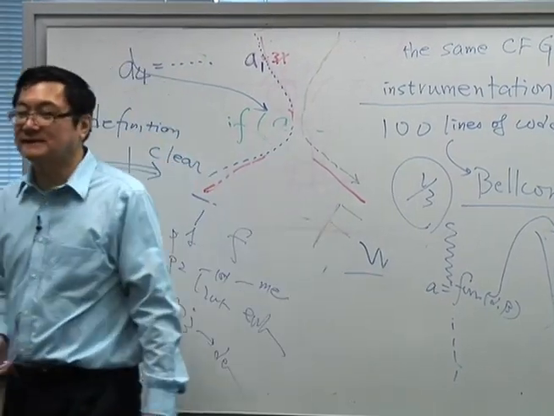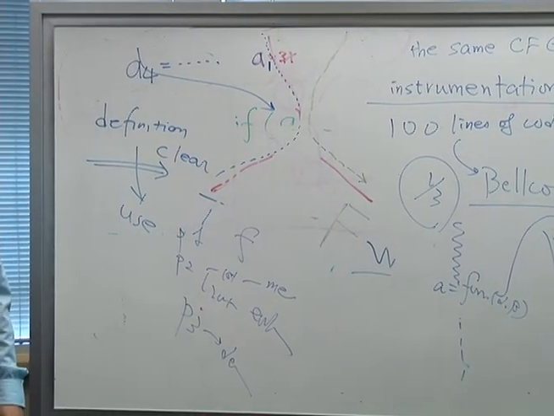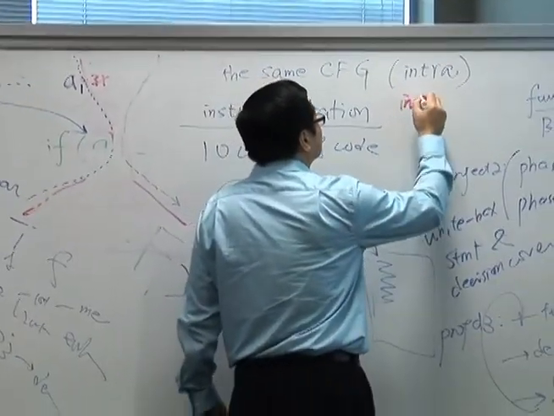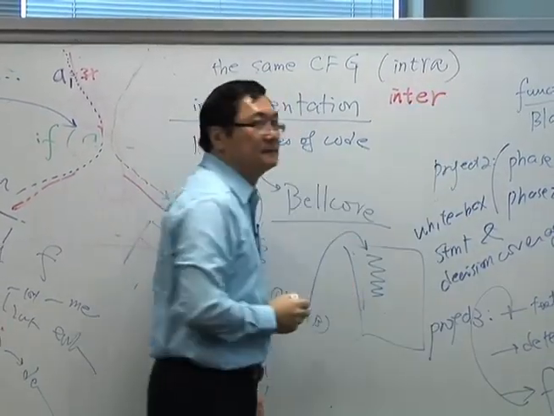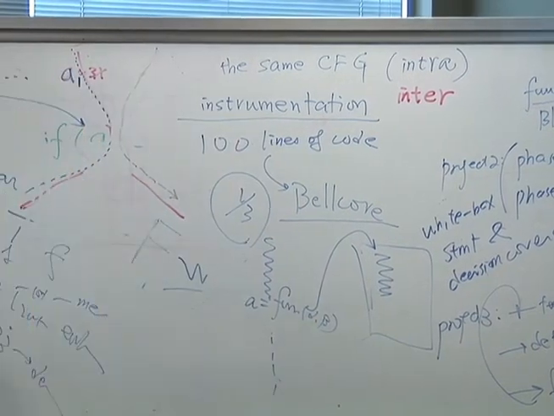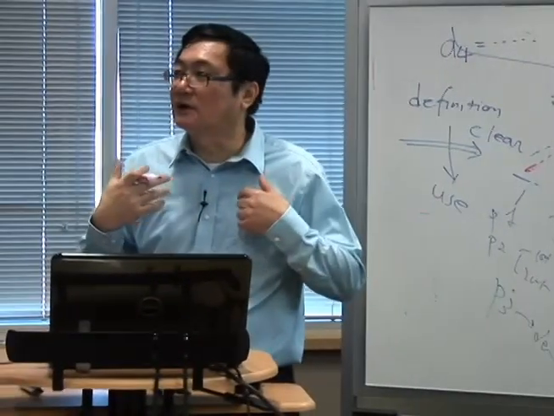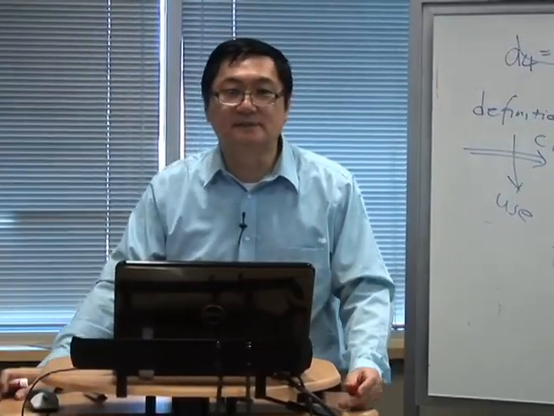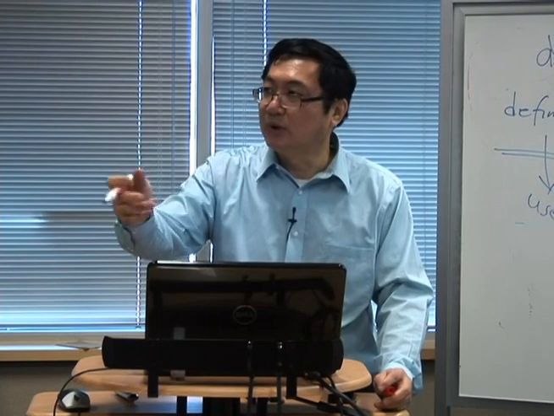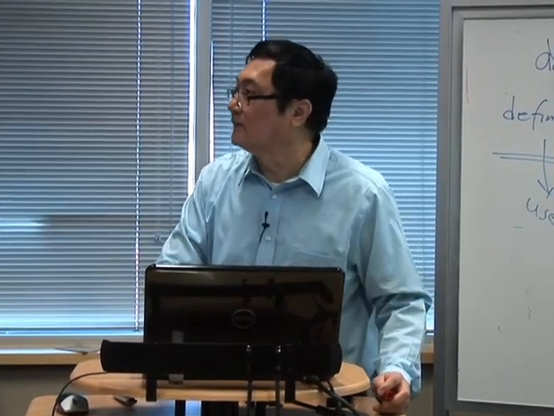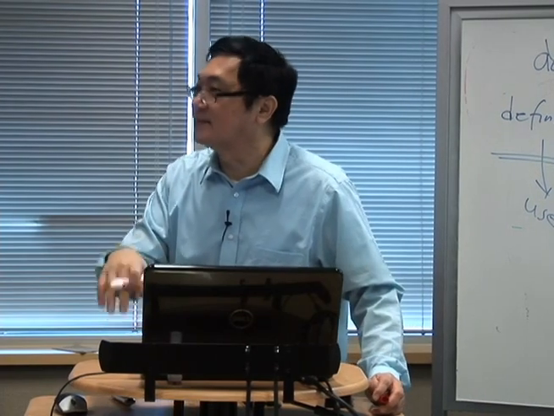You need to consider not just intra, you also need to consider between modules, because at the end, what we are looking for is the coverage of the entire system. And we're going to come back to this point, whether that's really what you want, coverage with respect to the entire system, or coverage with respect to a selected module. We'll come to this point later on.